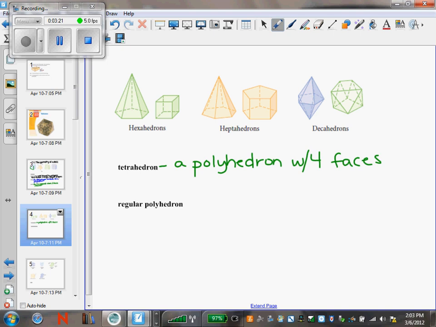If you look at the picture here, hexahedron is this first picture. There are 6 sides. Heptahedron, that means all of these have 7 sides. And a decahedron will be a polyhedron with 10 sides.